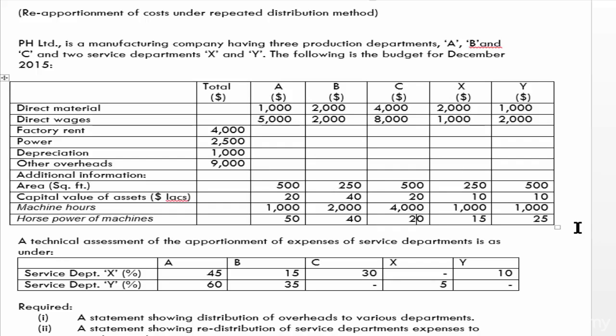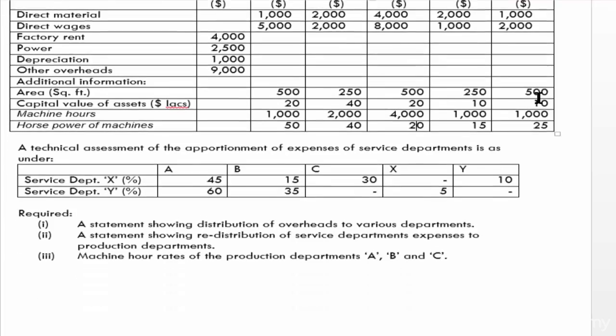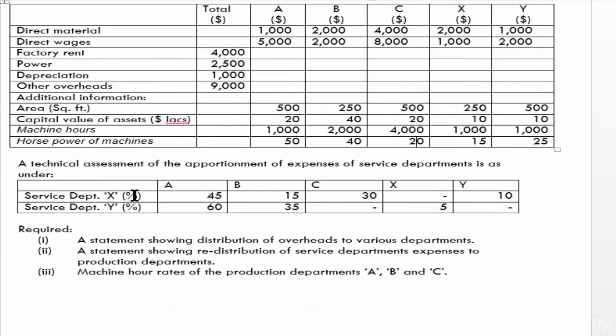So in this way we can apportion each and every cost. But again, there are two service departments. We should understand to whom these service departments are rendering services, and here you have that information. Service department X will render its service to departments A, B, C as well as to department Y, and service department Y is rendering services only to A, B.